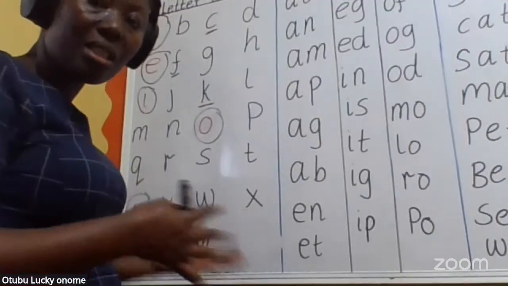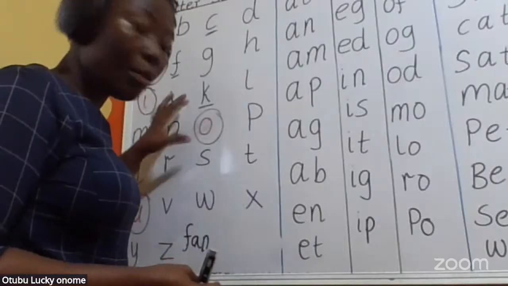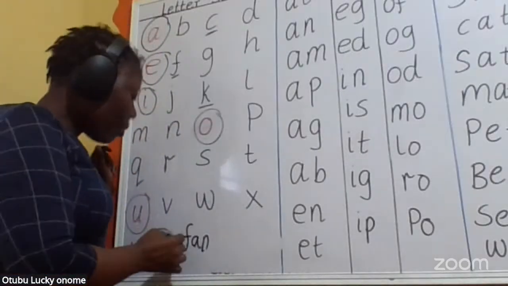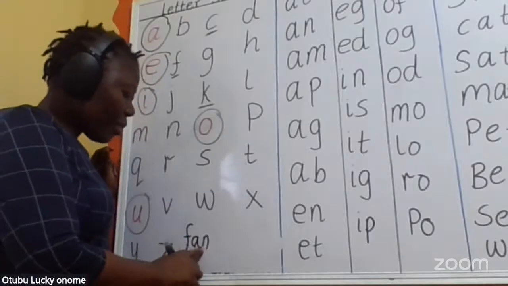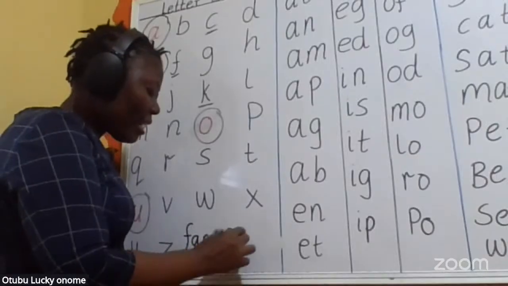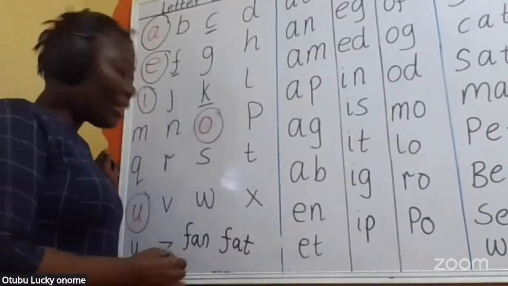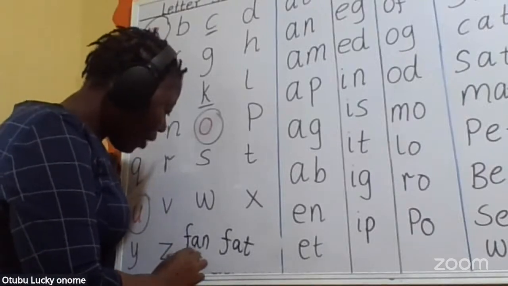When we put three letters together, we have a longer word. So let's try and master the letter sounds. We have it in words like fan, fat, fail.